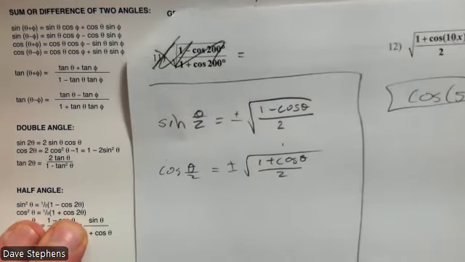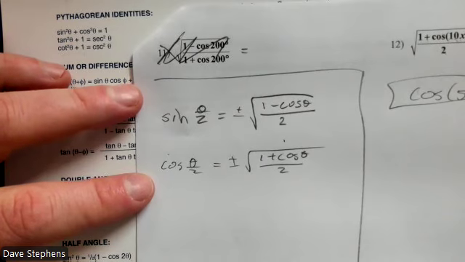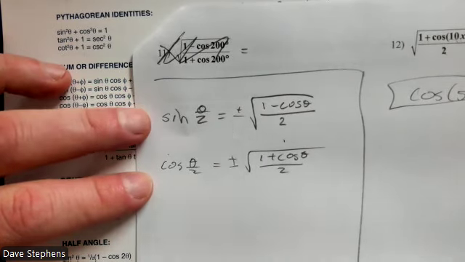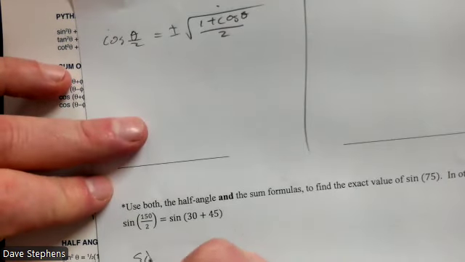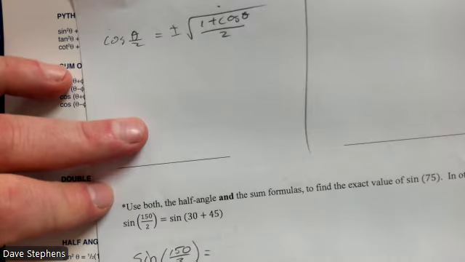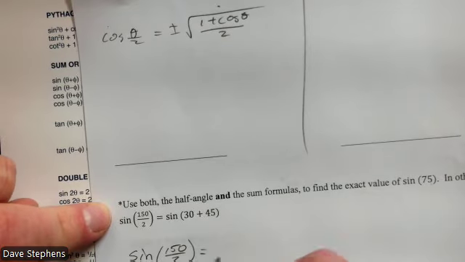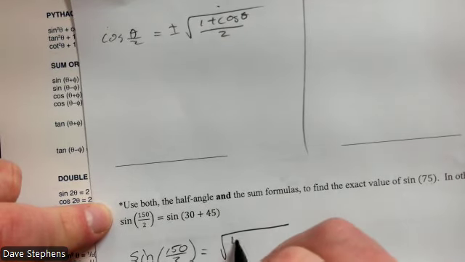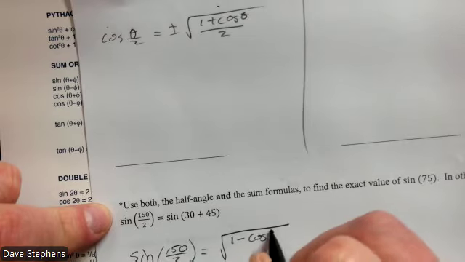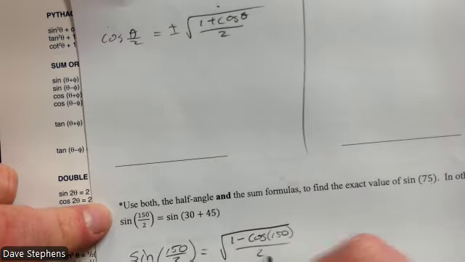Now, something gross about what we're going to do here, but the sine of 150 over 2 is equal to, what quadrant would we be in? So 75 is in the first quadrant, so our sign is going to be positive there, so I need the positive square root of 1 minus the cosine of 150 all over 2.